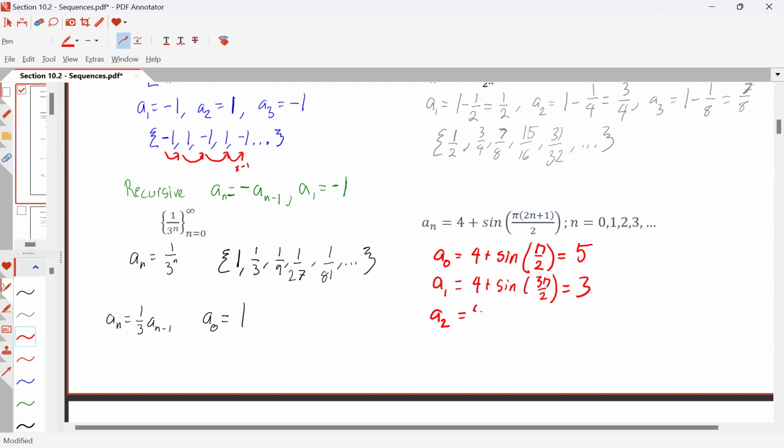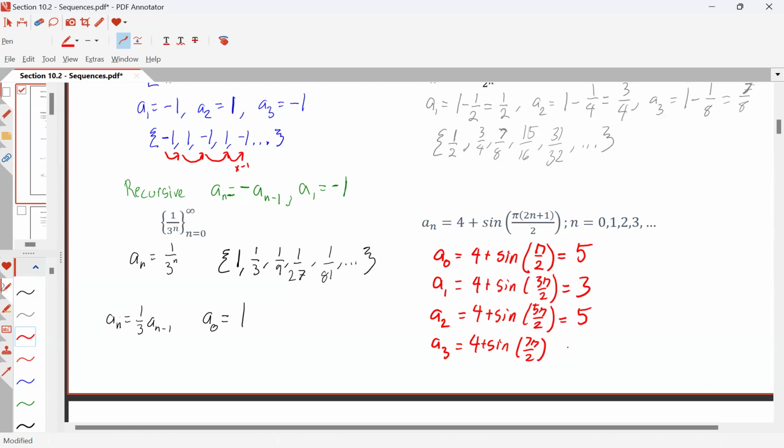A sub 2, 4 plus sine of 5 pi/2. 5 pi/2 is back around to sine coming out to be 1. So 4 plus 1, 5. And the last one, a sub 3, 4 plus sine of 7 pi/2. 7 pi/2 would be the same as 3 pi/2.